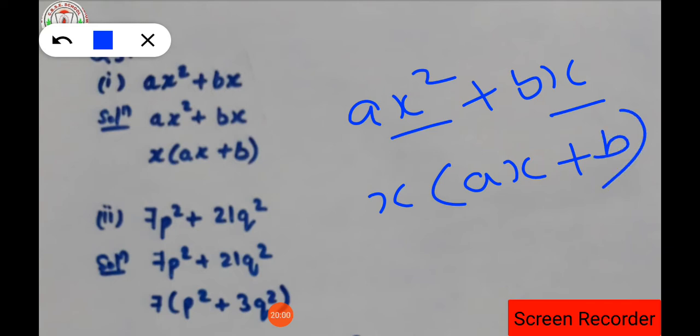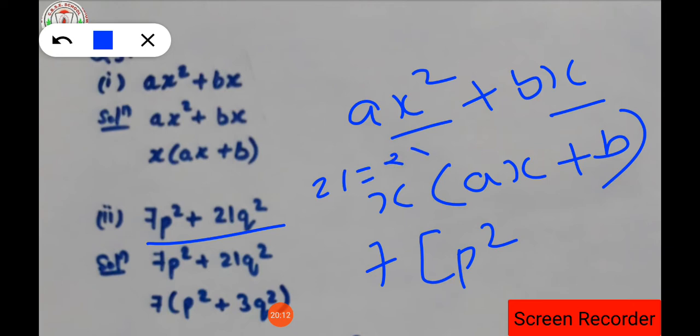Similarly, for the second part of the question, can something be taken common? Of course 7 can be taken common. So what is the number left out? Why is it taken common? Because 21 can be written as 3 into 7, 3 into 7 is 21.